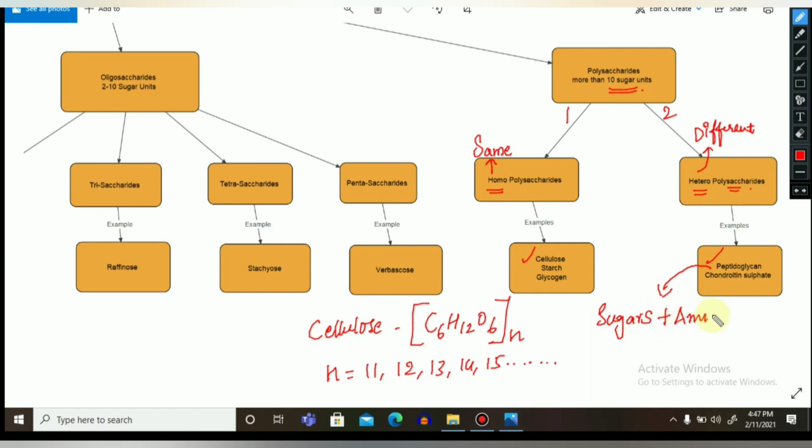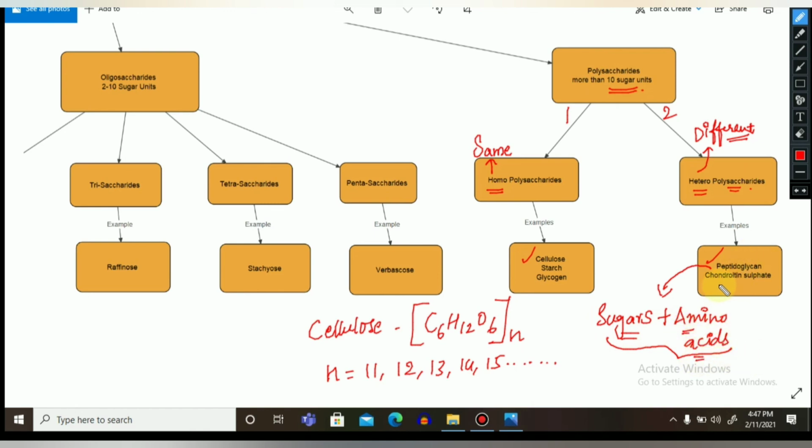Amino acids are a group of chemicals which combine to give proteins. So sugars and amino acids combine together to form peptidoglycan. That's why we are considering this as hetero, that means different sugar units as well as different chemical compounds are involved here.